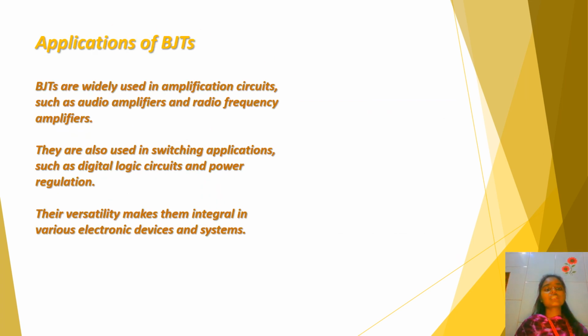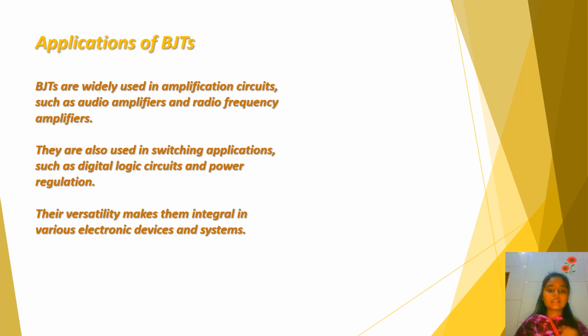Next, applications of BJTs. BJTs are widely used in amplifiers such as audio amplifiers, switches, and in various electronic circuits, including those for audio amplification, radio amplification, and digital logic. Amplification means audio amplifiers and radio frequency RF amplifiers with high gain.